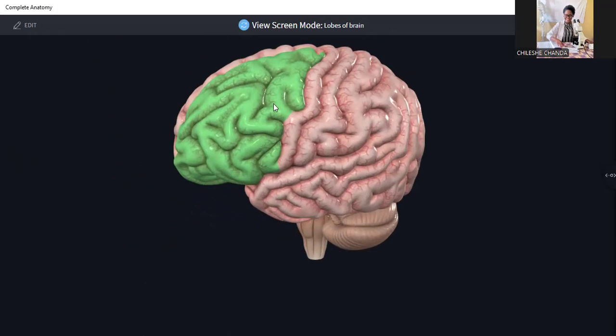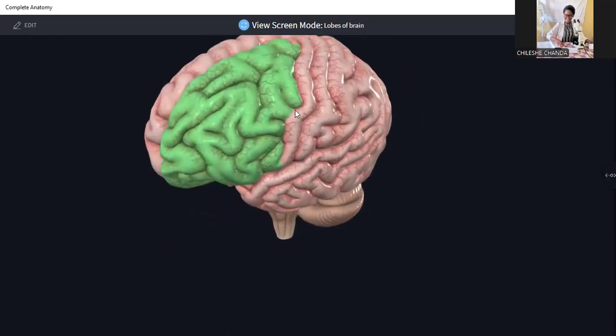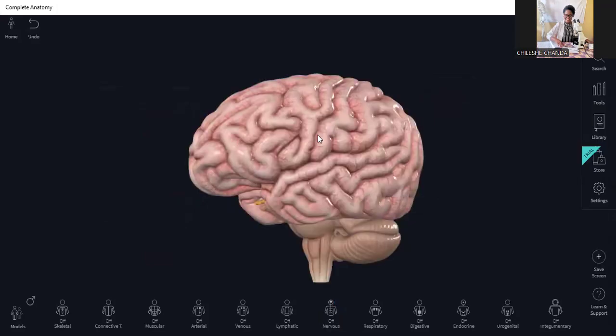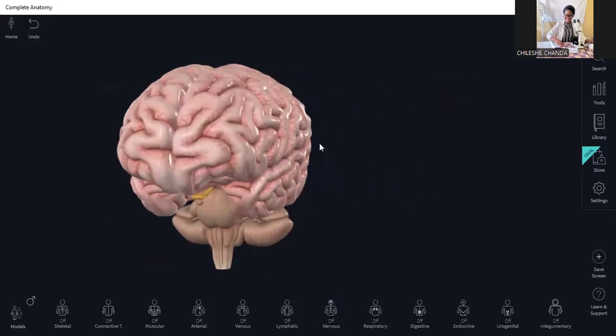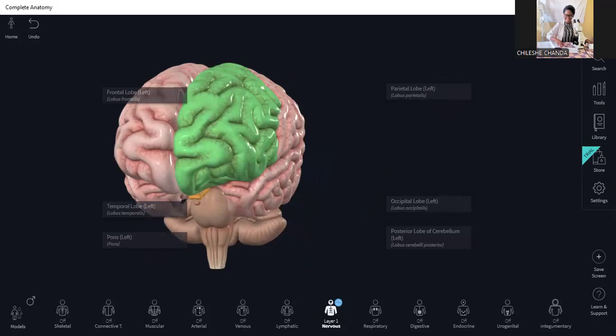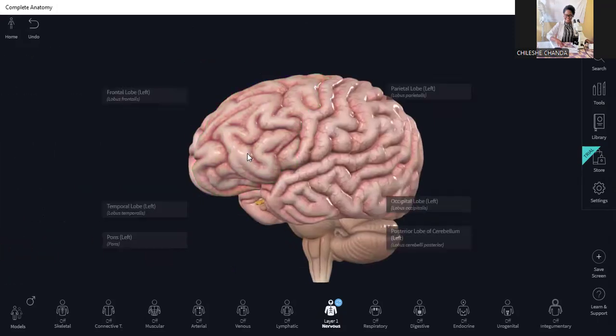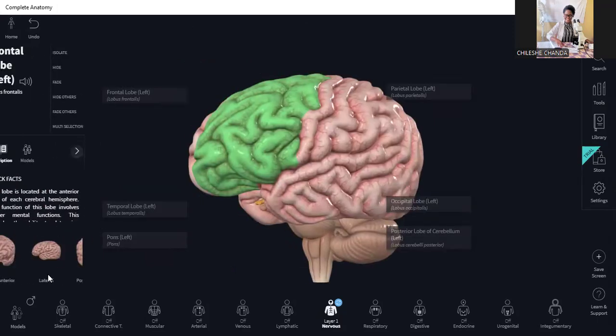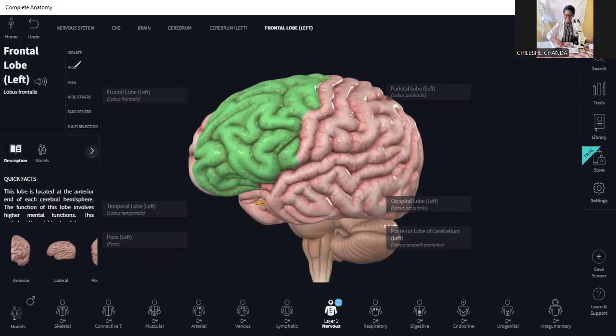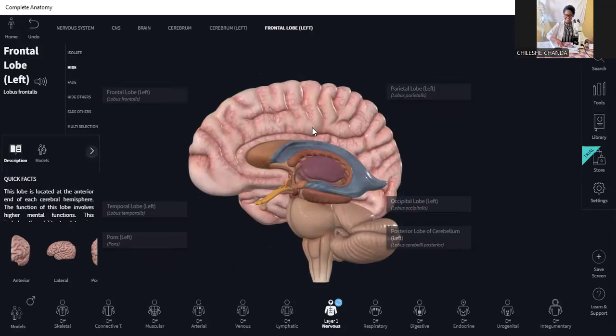And we have the medial surface, which shows when you separate the two hemispheres. You separate one hemisphere from the other, and you'll be able to notice that you are going to see the other hemisphere in the middle, in the median aspect, and this is therefore the medial surface.